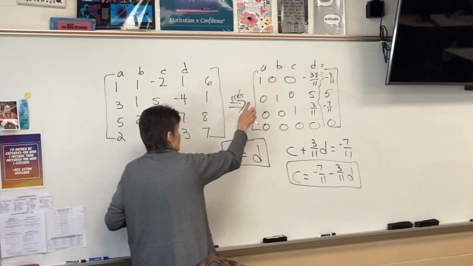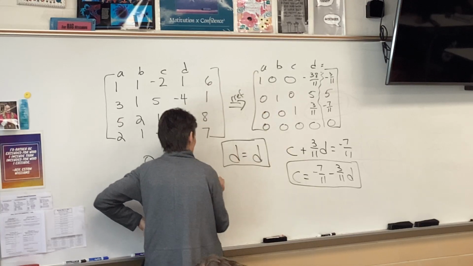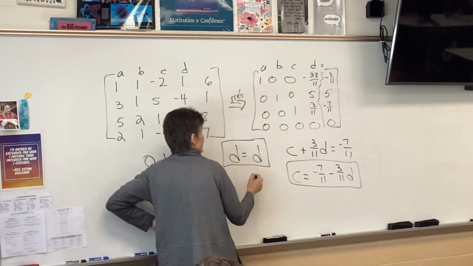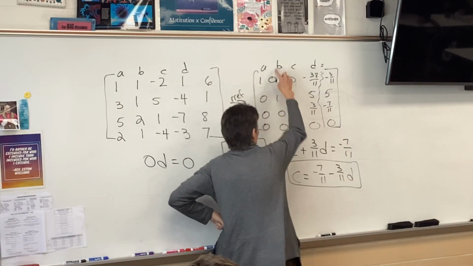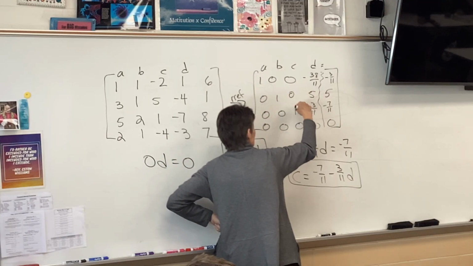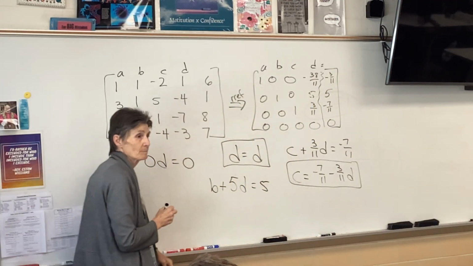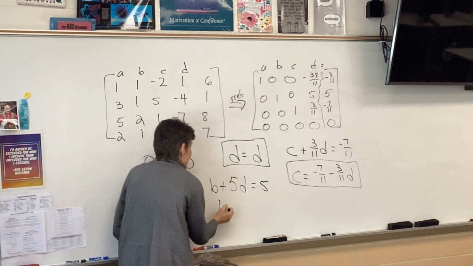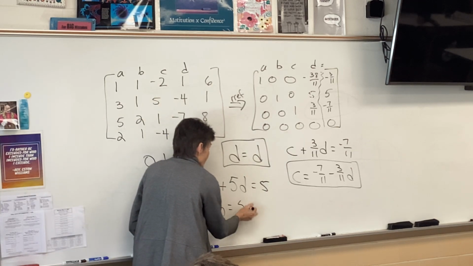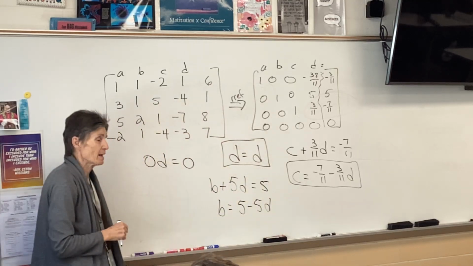All right, now you do this one. What does this row say? B plus 5 D's. That's B. There's no C's. 5 D's equal 5. So what does B equal? Okay, or, yeah, whatever order, doesn't matter.